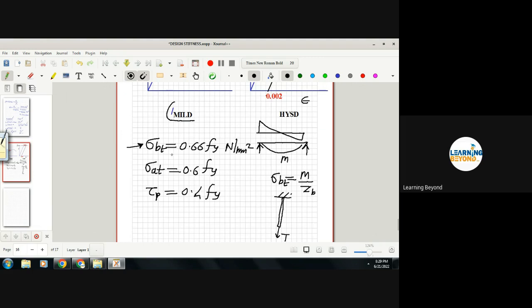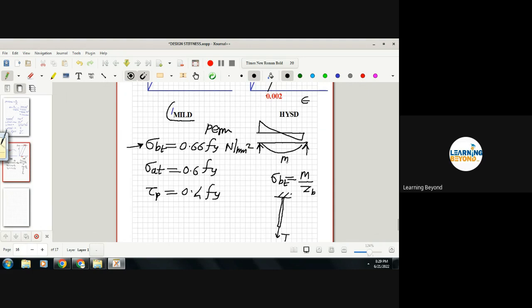So for bending moment, please take these numbers. If you are designing axial tension like trusses or rods, take this value. And for shear, take this value. These are permissible values of stresses. And how to calculate actual stresses?